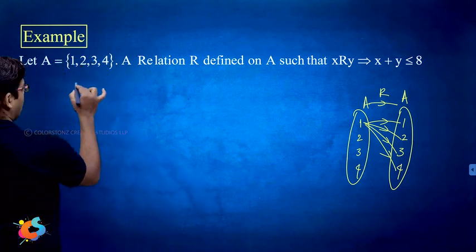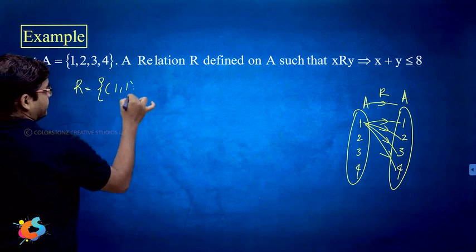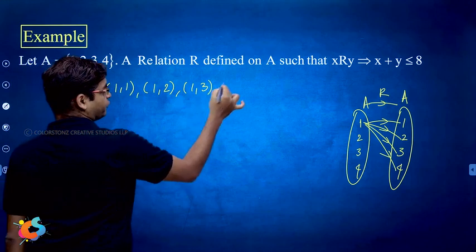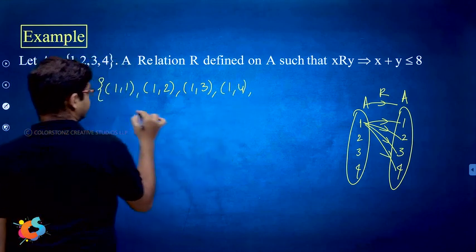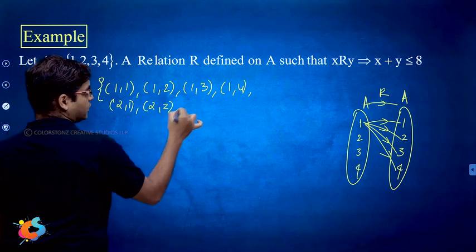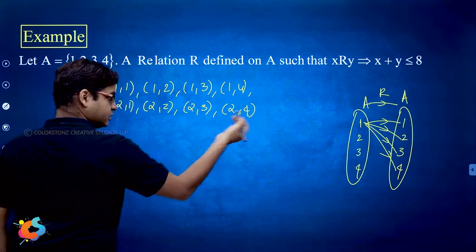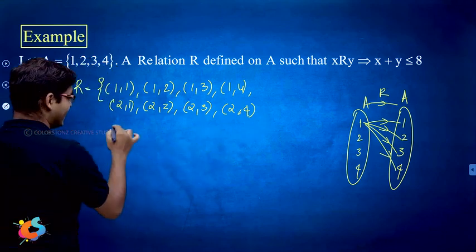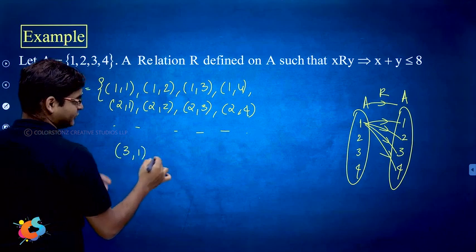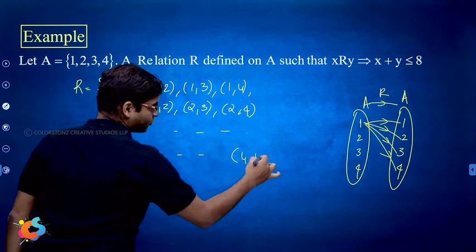So therefore, here you will have R equal to the ordered pairs (1,2), (1,3), (1,4), and in the same way (2,1), (2,2), (2,3), (2,4), and (3,1), (3,2), all of that, up to (4,1) to (4,4).